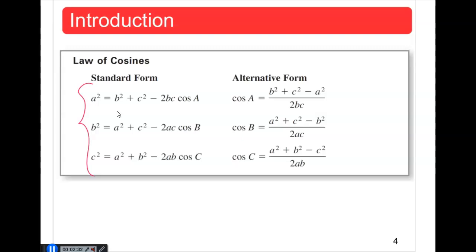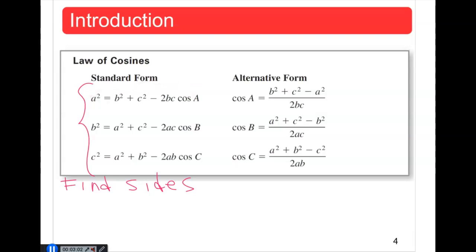Recall that lowercase letters are used to denote sides, and uppercase letters are used to denote angles. So for the standard form, you are going to find sides. Of course, once you complete the operation on the right side, you will have to take the square root because you want to find a, not a squared. So similar to the Pythagorean theorem.